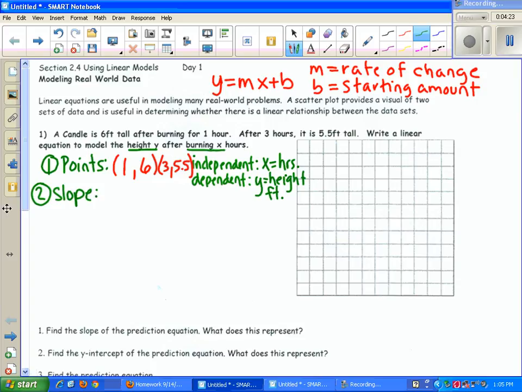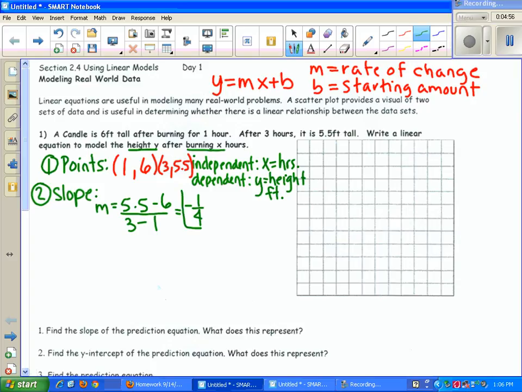We've already talked about this: y2 minus y1 over x2 minus x1. So in this case, my slope is going to be 5.5 minus 6 over 3 minus 1. So when I simplify this, I get negative 1/4.